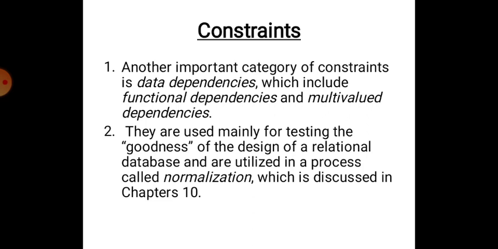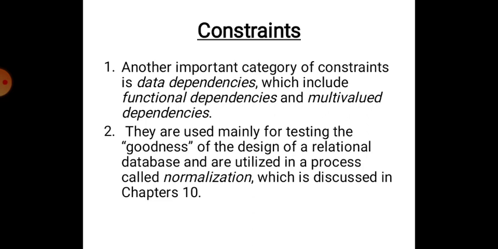Another important category of constraints is data dependencies, which include functional dependencies and multi-valued dependencies. Point number 2. They are used mainly for testing the goodness of the design of a relational database and are utilized in a process called normalization.